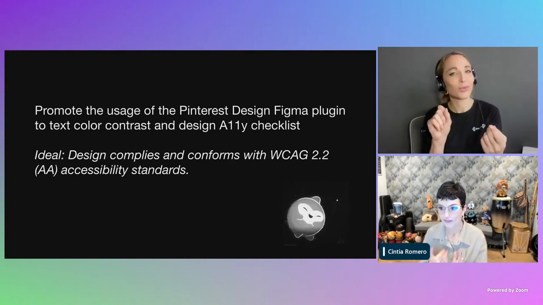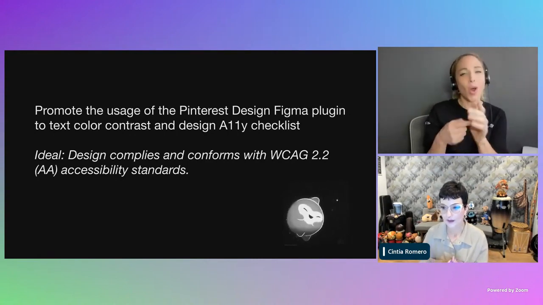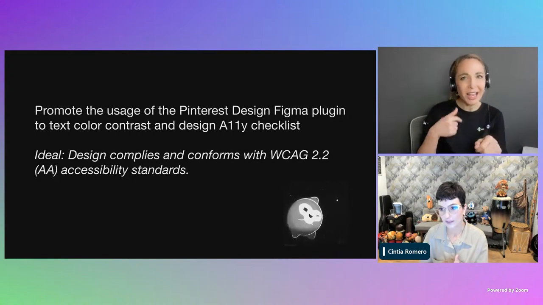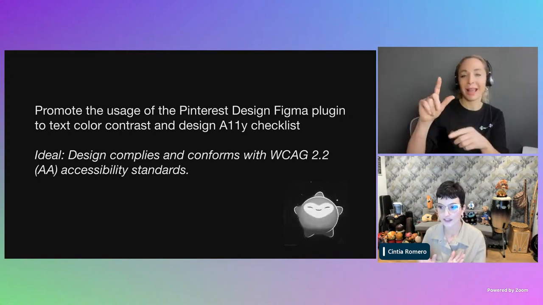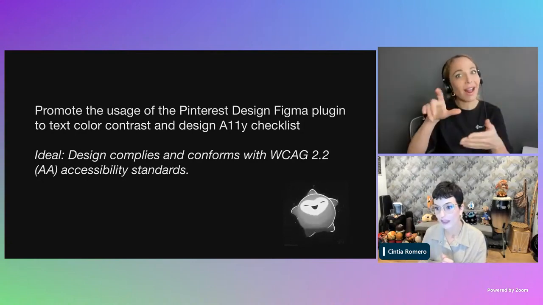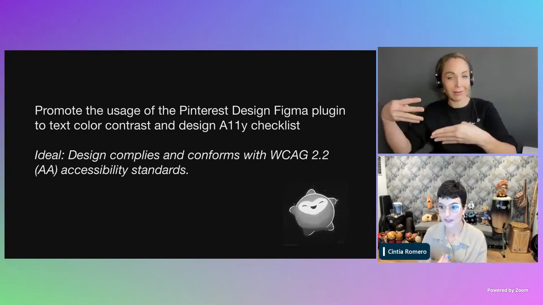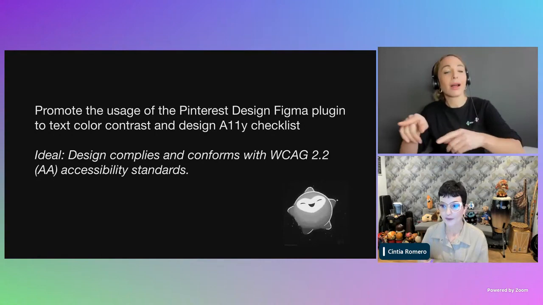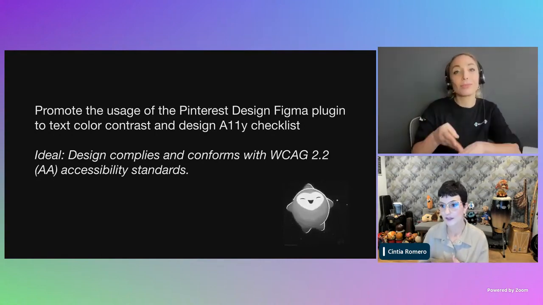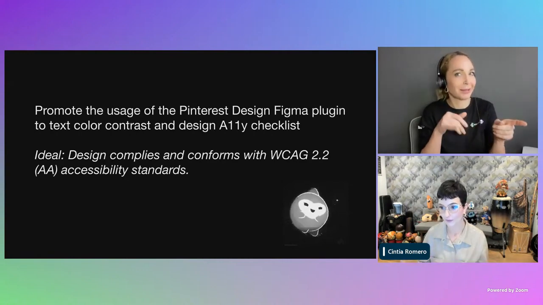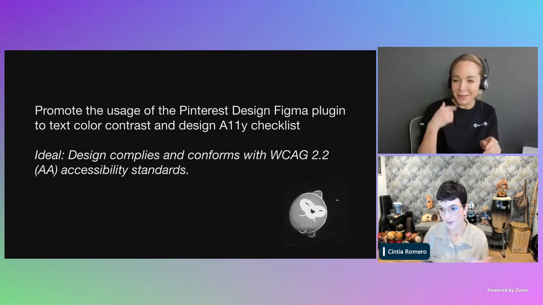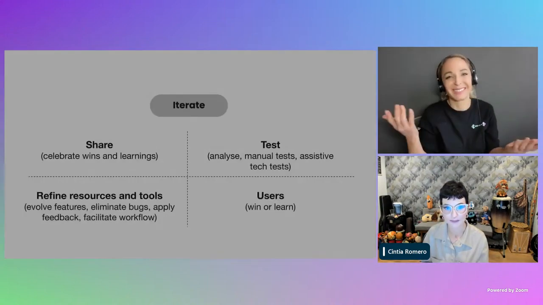We are still refining this tool, but we are thinking about whether we can create some kind of linter that checks for accessibility inside our design files. Within the design files, people can run the plugin and it can help them improve accessibility. It's something we are trying to refine and improve at Pinterest, and who knows what we can come up with to improve accessibility.